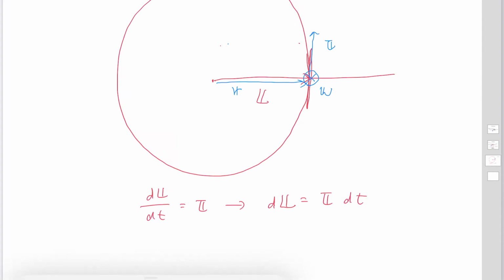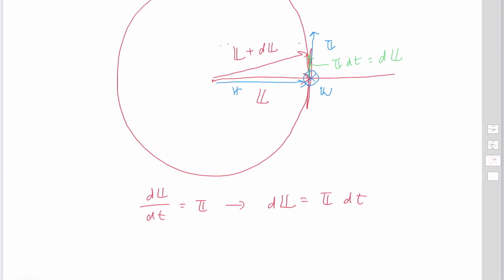So tau times dt is equal to dL. Then the new angular momentum is expressed as L plus dL.